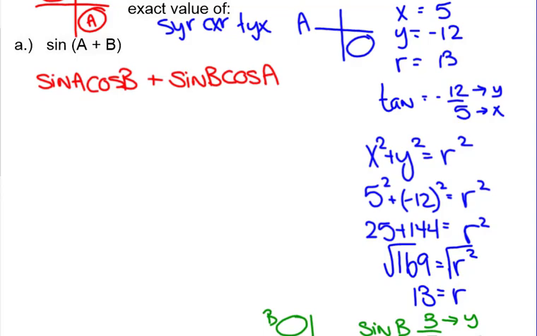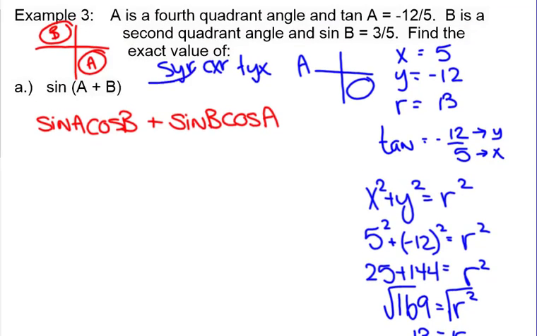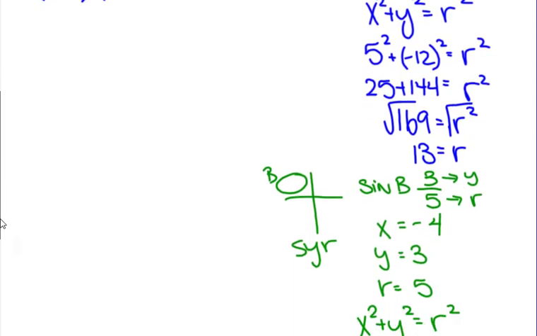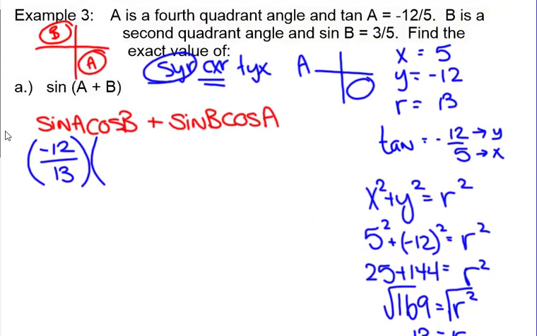So sine of A is going to be our y over our r. So our y over our r is going to be negative 12 over 13. Our cos of B, cos is x over r. So our x is negative 4 over our r, which is 5.